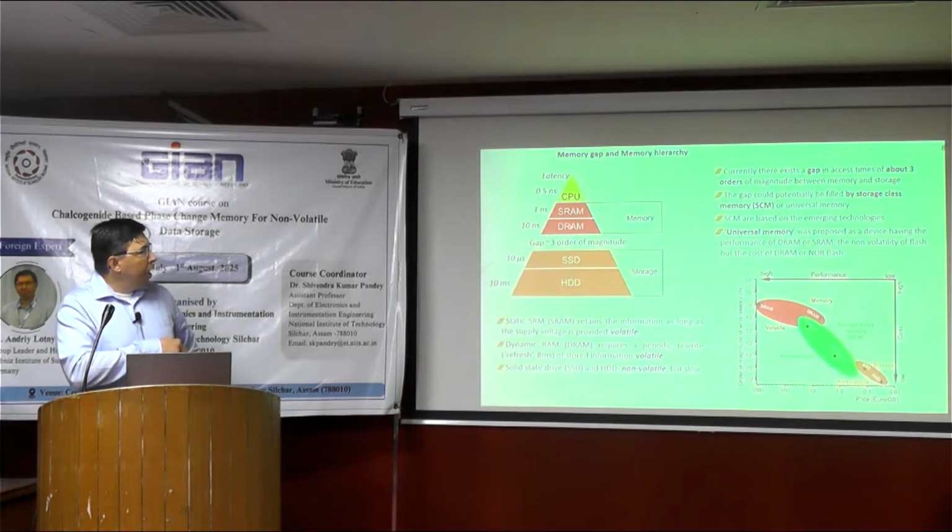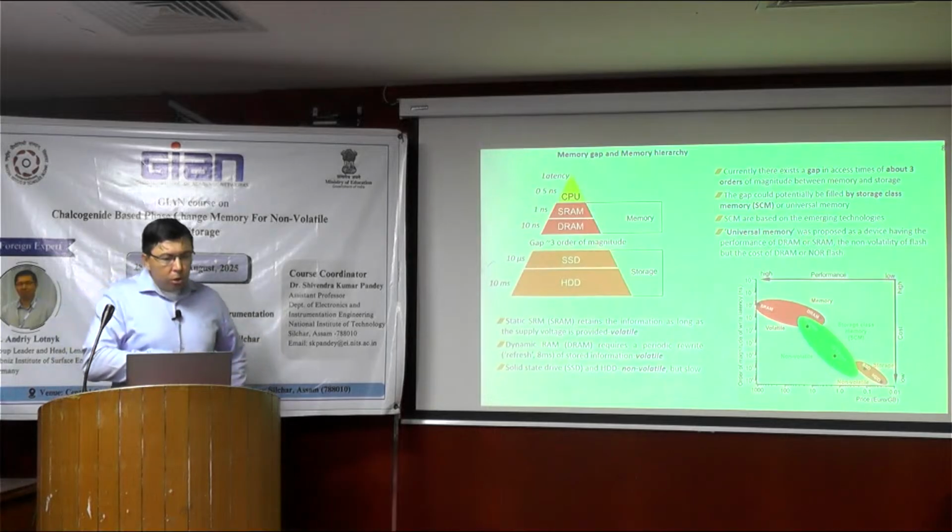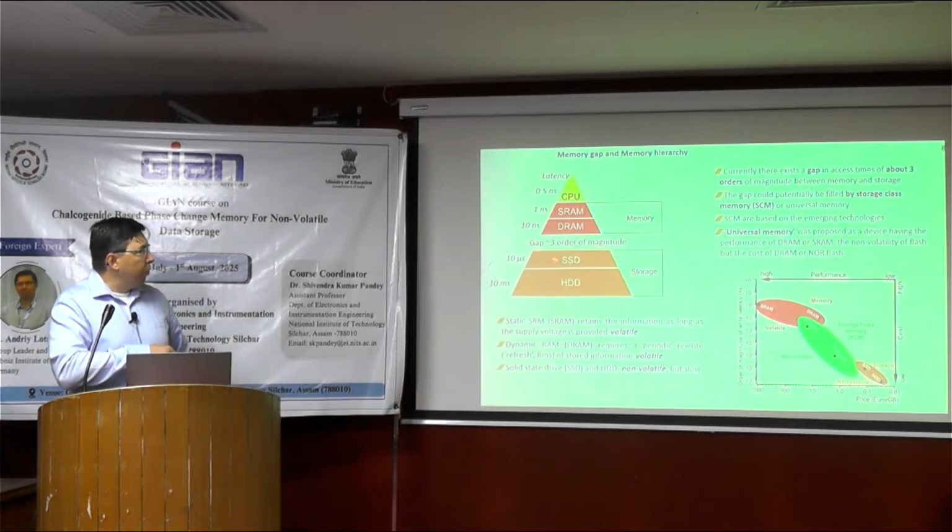Storage is based on HDD and SSD, and memory is like DRAM and SRAM, and the CPU. If you look at the access time of SSD and HDD, it's in the range between 10 milliseconds and 10 microseconds. And for memory, it's between 5 nanoseconds and 10 nanoseconds.